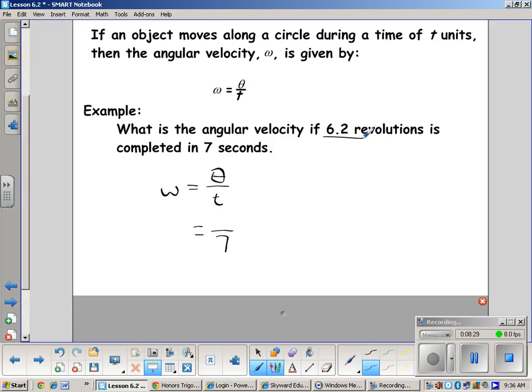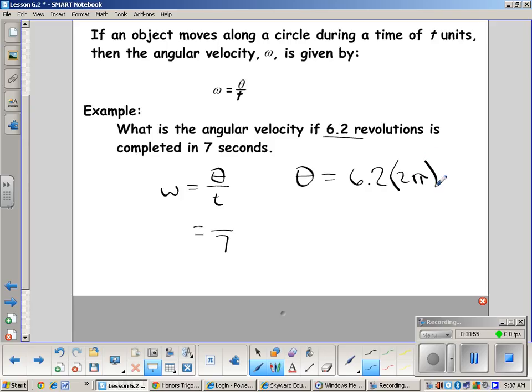Okay? And so theta is equal to 6.2 revolutions. How do we find the angle? Multiply by 2 pi.